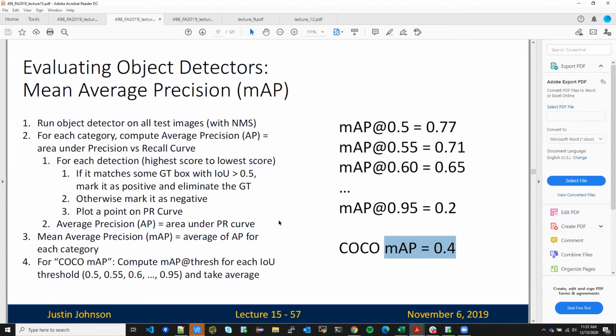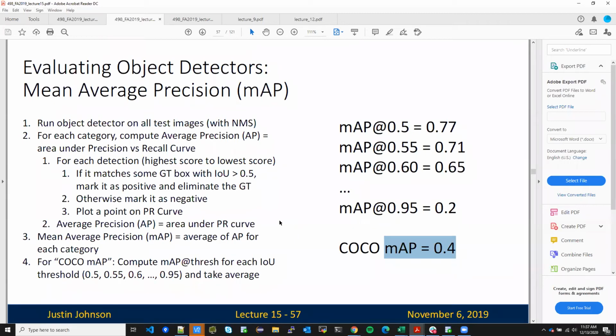I see. Any time you get a new data set and you want to compare, you do map at 0.5, that will be one metric. And if you want to report COCO map, then you have to do map at 0.5, 0.55, all the way to 0.95, and then average that and report that.